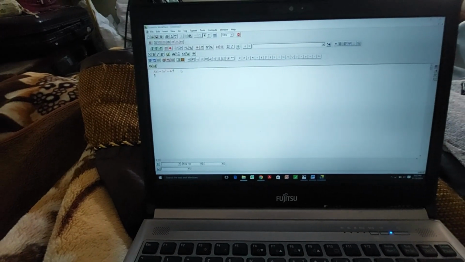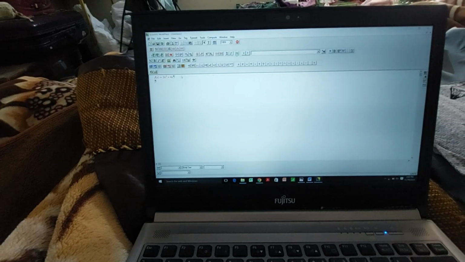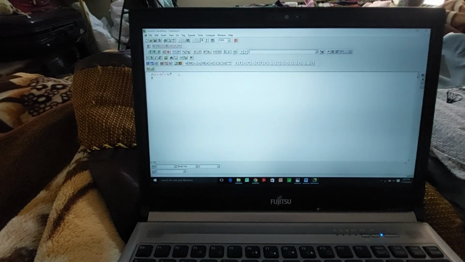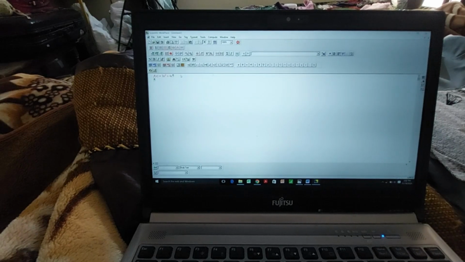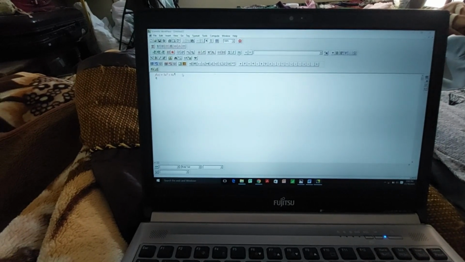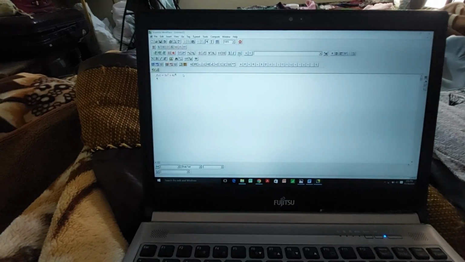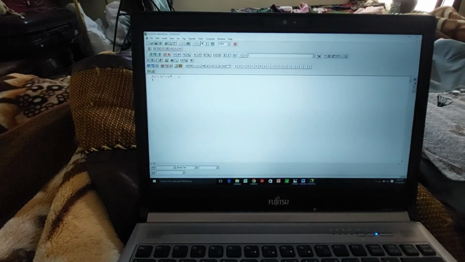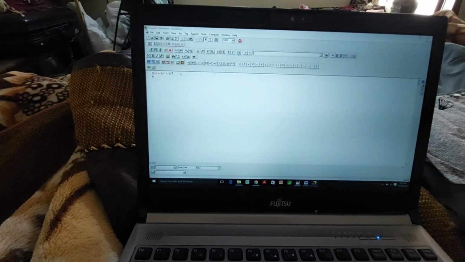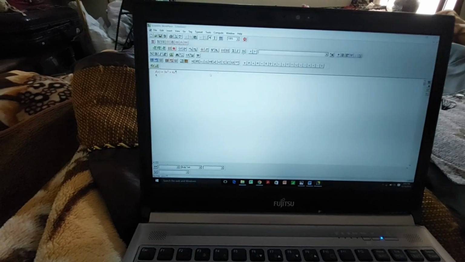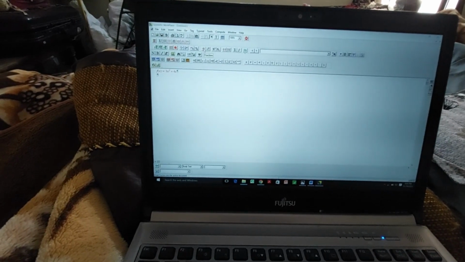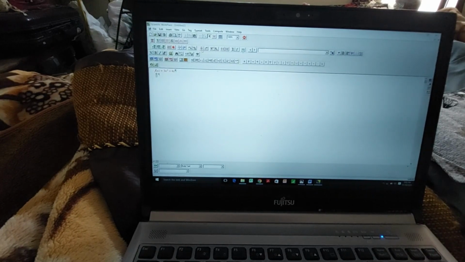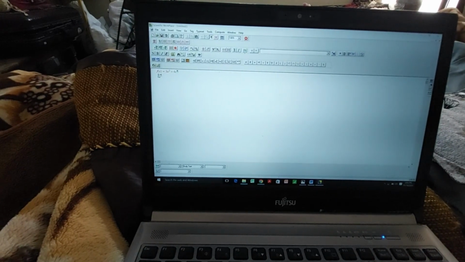Now we need to find the first order derivative with respect to x to find the value of x. To find the value of x, we must first define the first order derivative. Because it is d by dx, we will go to this fraction option and click on it. Now we have a fraction part.